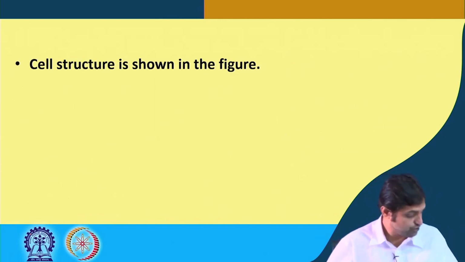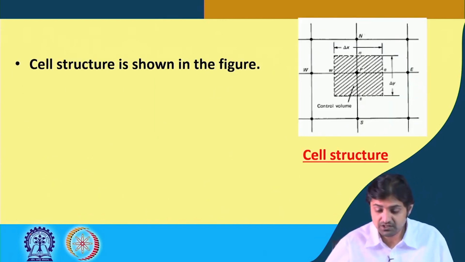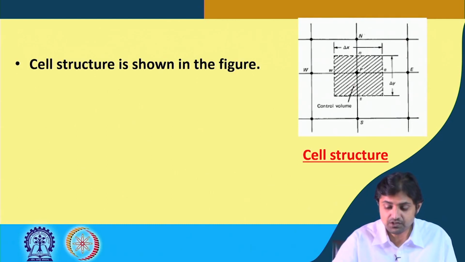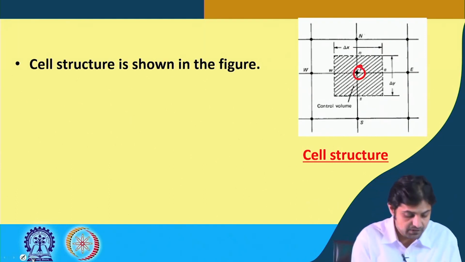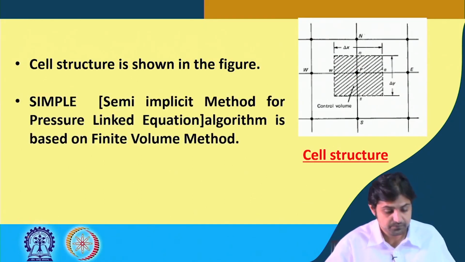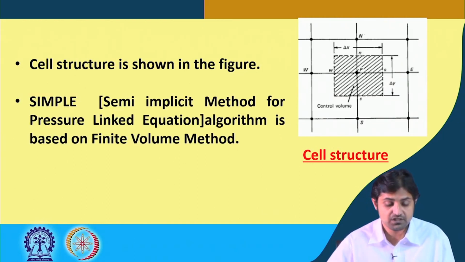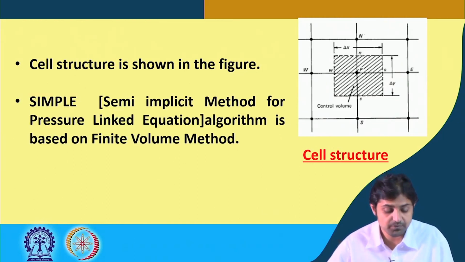Cell structure is shown in this figure here. You see, this is the control volume, the dashed zone, and at the center point, we calculate the things. SIMPLE is one method, which is called semi-implicit method for pressure linked equations. So the SIMPLE algorithm is based on the finite volume method.